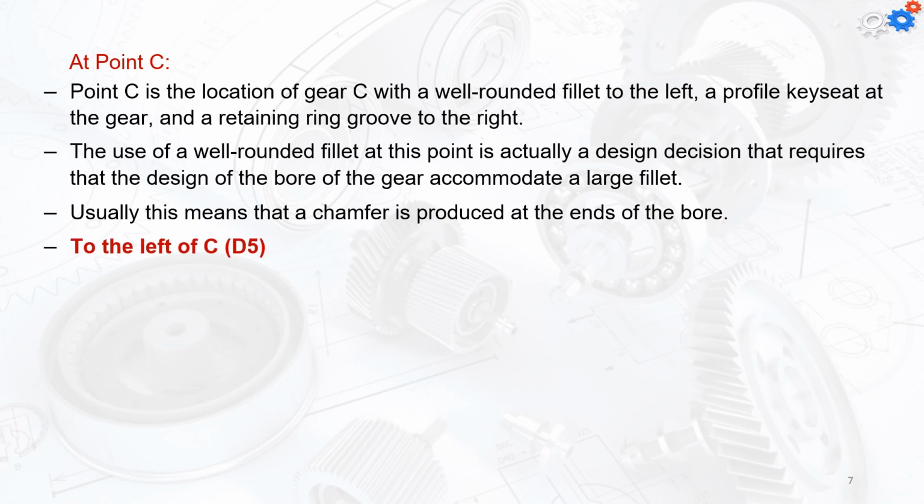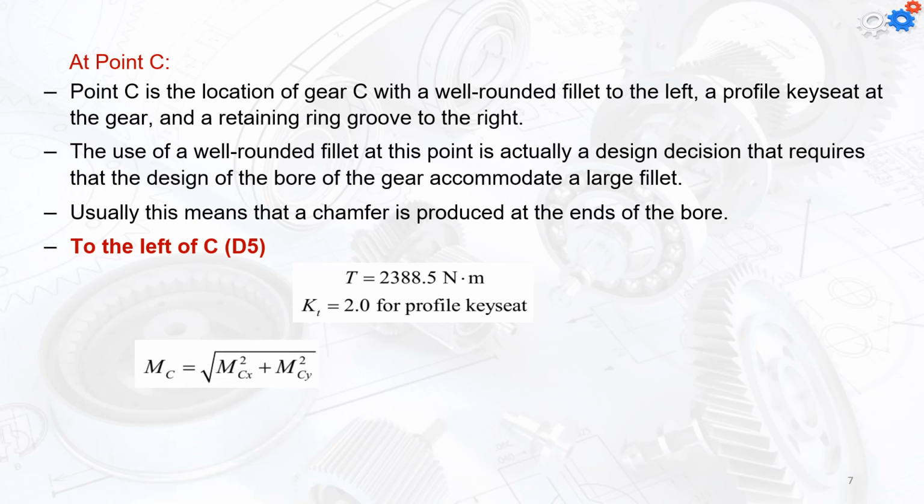So to the left of the C, which is going to be diameter 5, we're going to find the torque, and the KT value used for the profile key seats is going to be equal to 2. So the bending moment at C is going to be once again the magnitude of the horizontal and the vertical plane bending moments, and it's going to be equal to 2091.5.